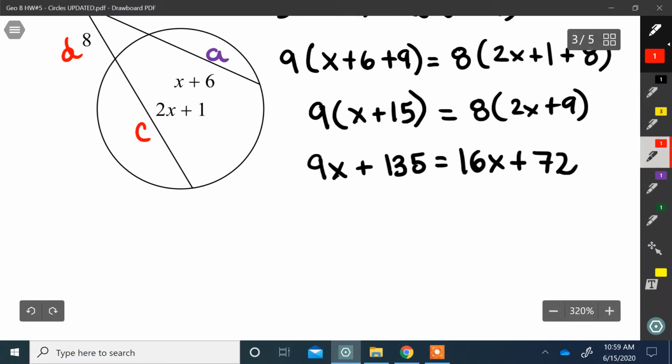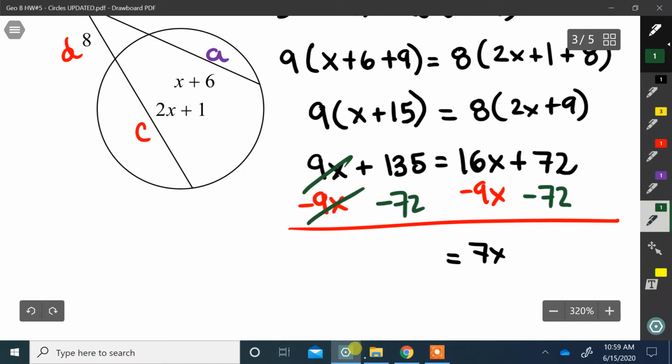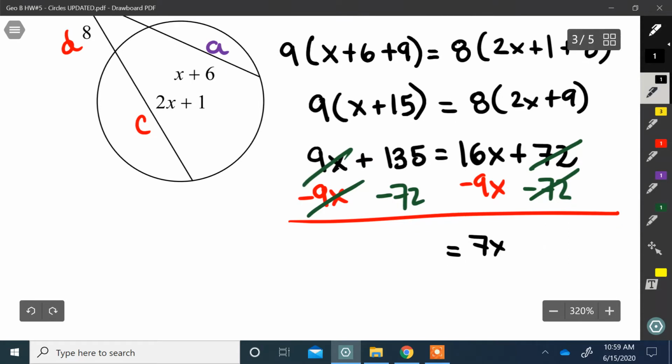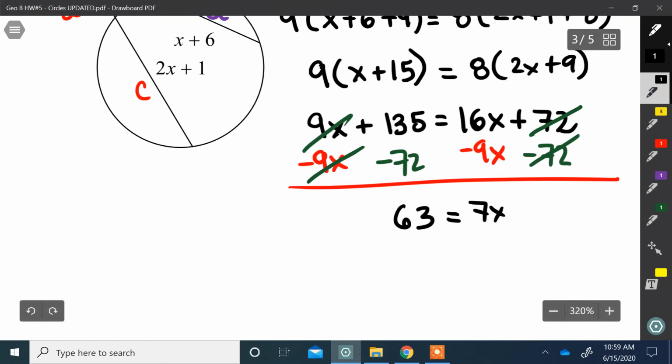Let me subtract 9x on both sides so that I get 7x is equal to, and let me subtract 72 from both sides so that all of that cancels. 135 minus 72 is equal to 63, divided by 7.